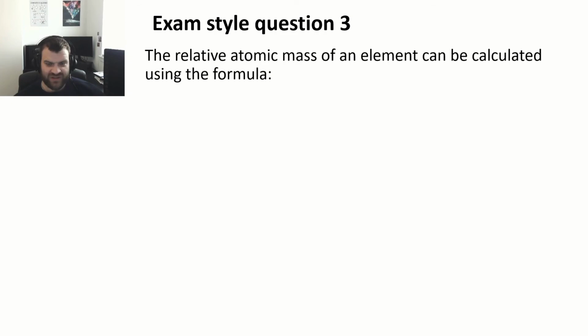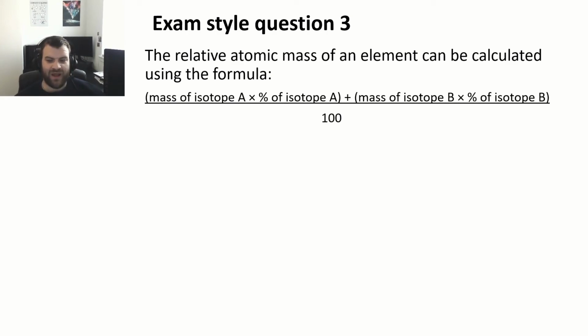The other type of question they could ask you is they could ask you to use the formula that is used to calculate the relative atomic mass. They'll give you this if they're going to ask you for it, and it's all just about plugging in numbers and making sure we use brackets correctly in our calculator to get the correct answer.